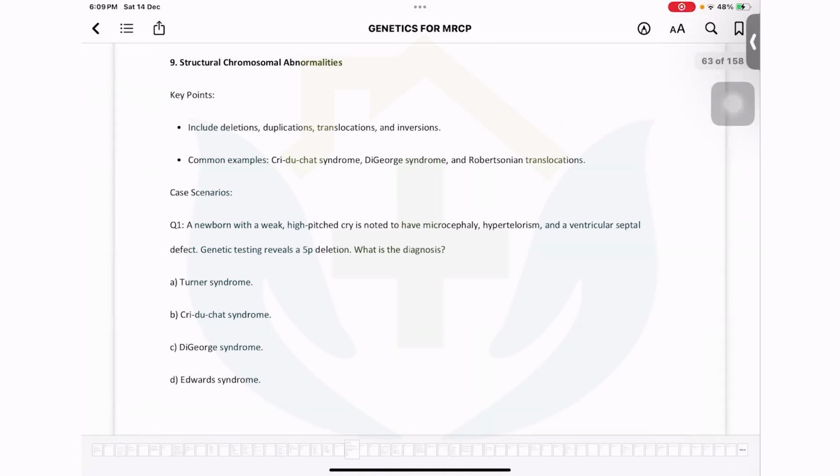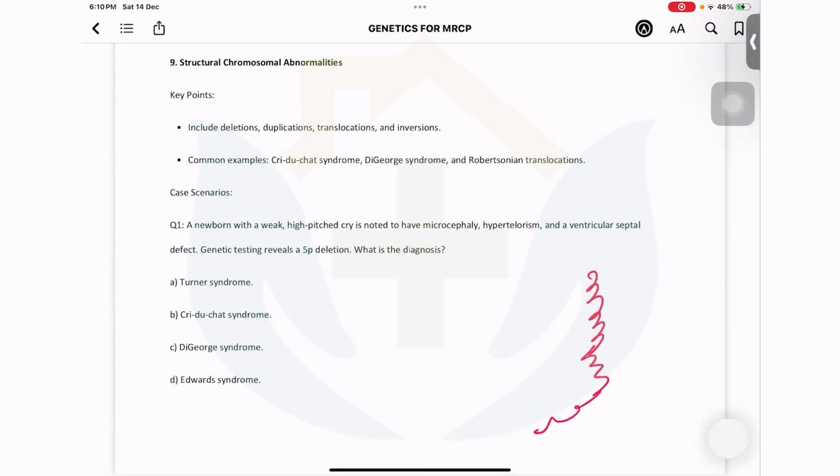So this was about multifactorial genetics. Now coming to structural chromosomal abnormalities. Each chromosome is taken from one parent, so this is how the chromosomes are formed. Let us say some part gets deleted, or some part gets duplicated, or some part gets translocated, or some part gets inverted.